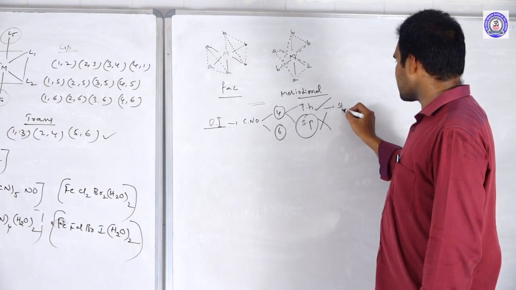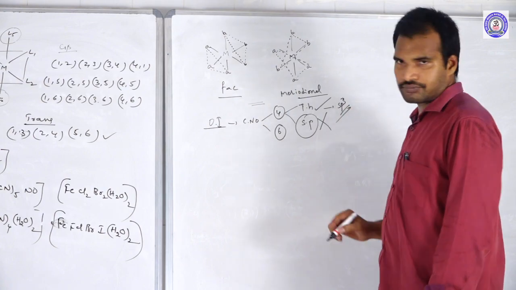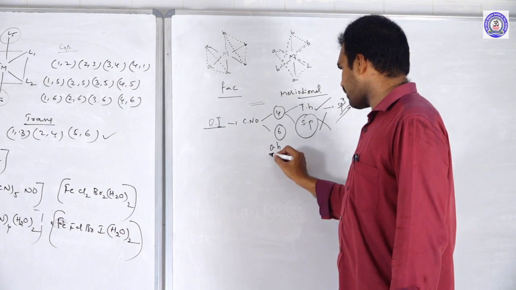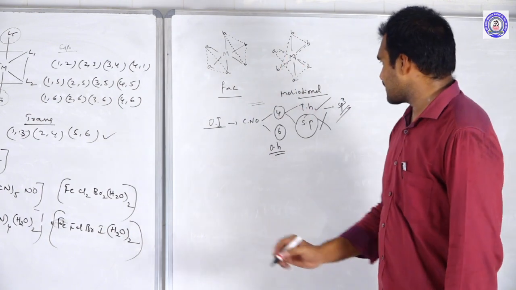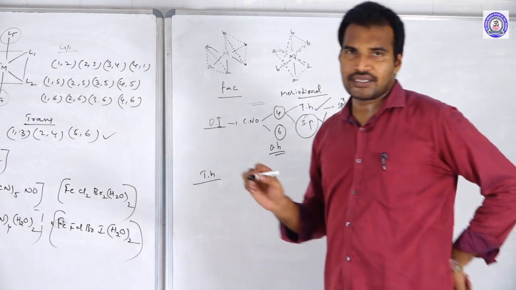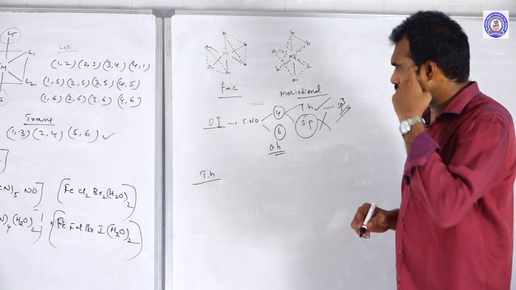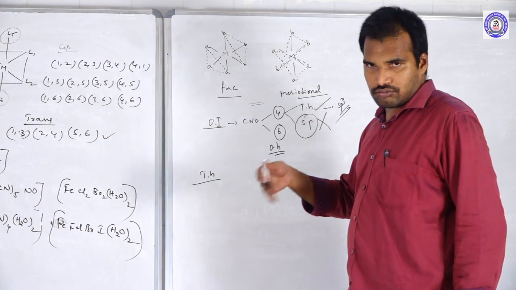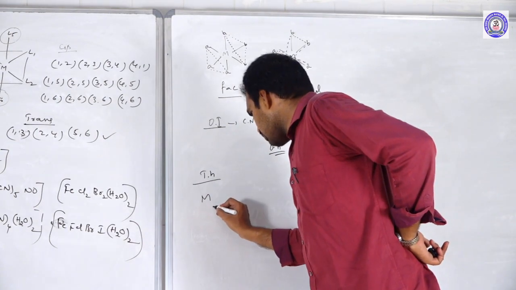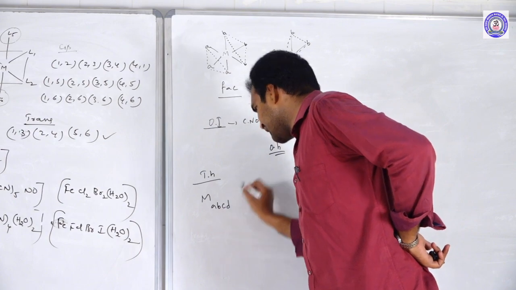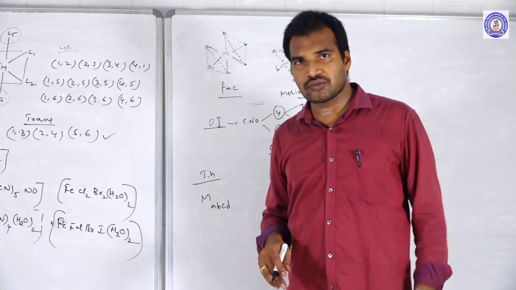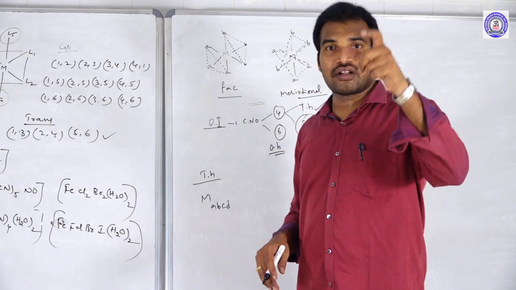Tetrahedral means they are sp3 hybrids, and coordination number 6 means definitely octahedral. Let us see tetrahedral complexes first. Always remember that complexes of MABCD, all four different, can show optical isomerism. Why? Because to show optical isomerism it should have a chiral carbon.